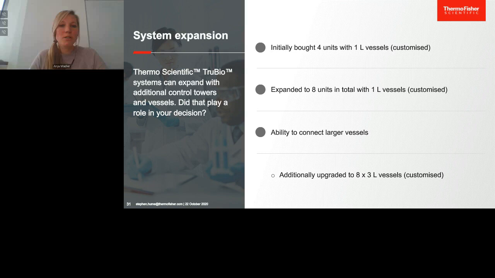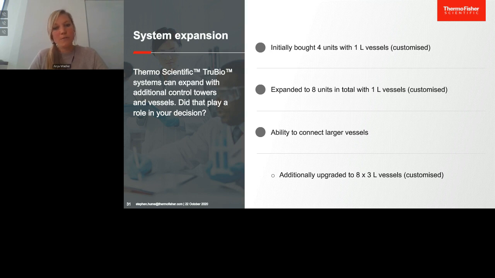Yeah, also, because initially we planned, and then we also bought 4 units with 1 liter vessels. But we wanted to have the option of expansion if we are satisfied with the system. So yeah, the easy expansion with just some further control towers to connect to the existing ones influenced the decision as well.